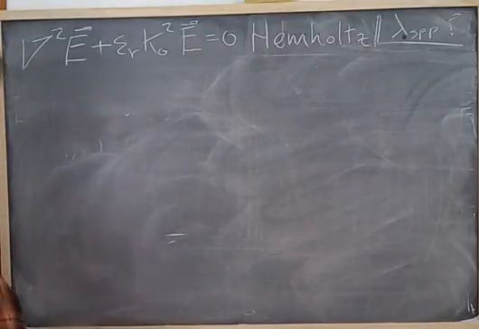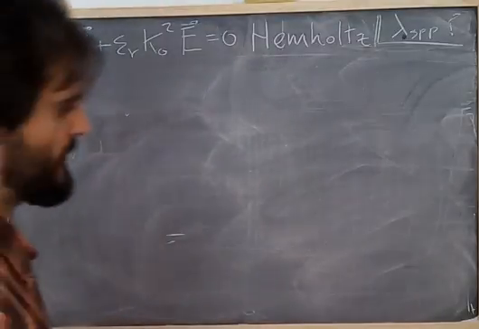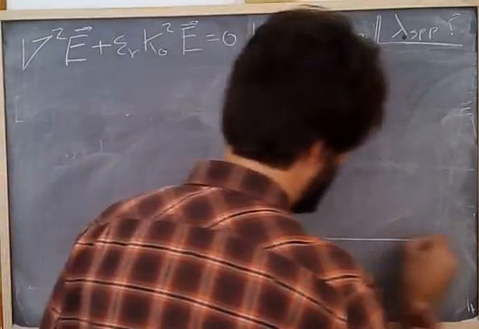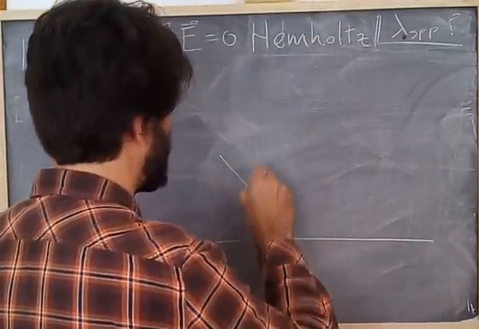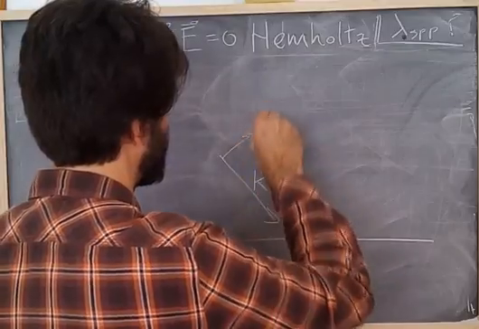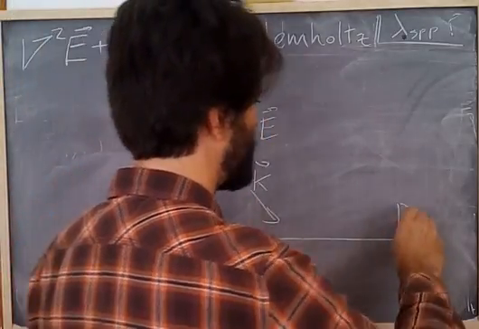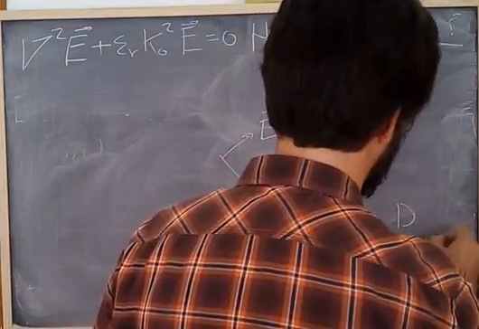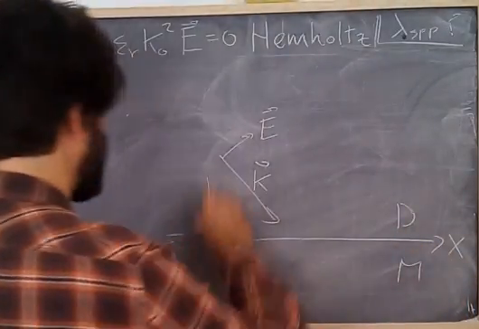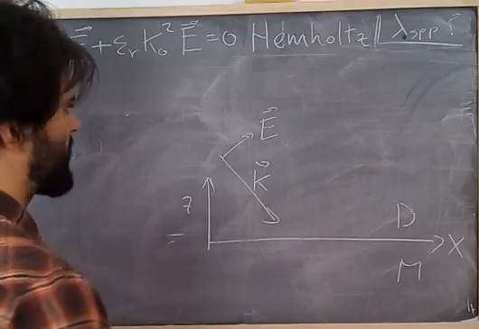But now we continue making suppositions, and we suppose a plane wave at the interface between dielectric and metal. This is the x direction, this is the z direction.